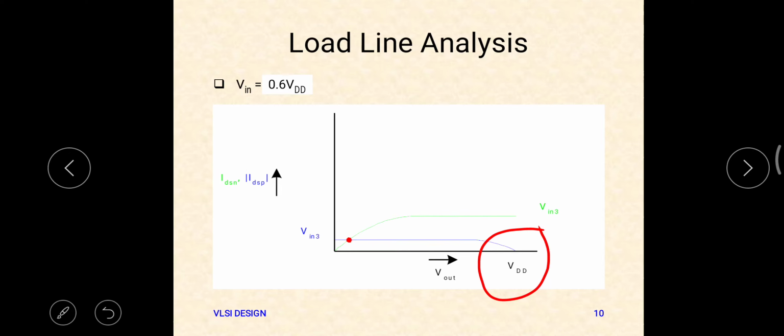Now it is closer to 0.6 VDD, your PMOS is at most down, and your NMOS starts to operate. Then if I keep on increasing, now it is 0.8 VDD, which is greater than the threshold voltage. So your PMOS is completely suppressed, and now NMOS is working properly. This is the voltage for 0.8 VDD, which I can simply consider as logic 1. This is the maximum voltage.